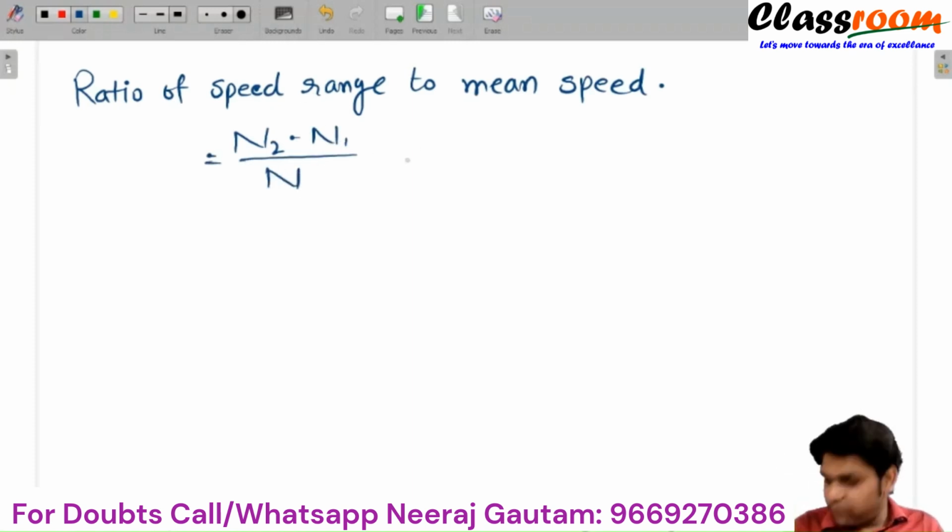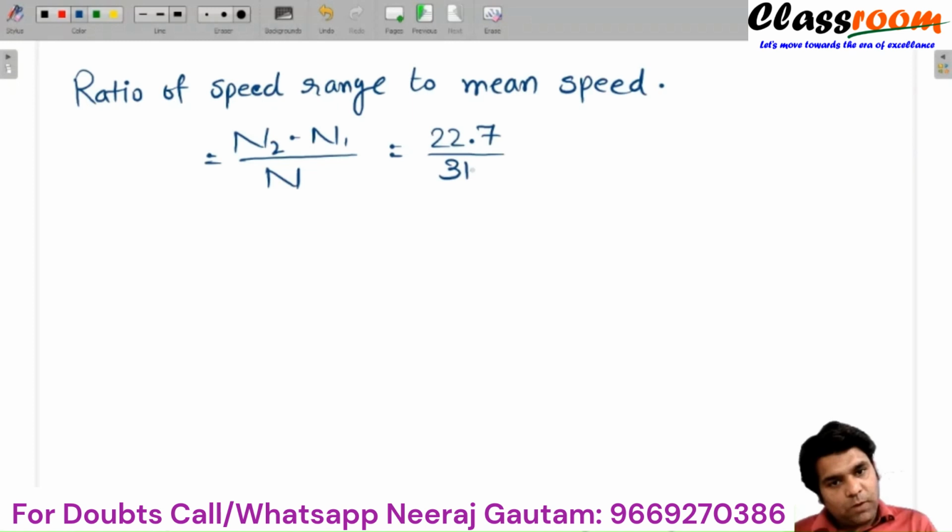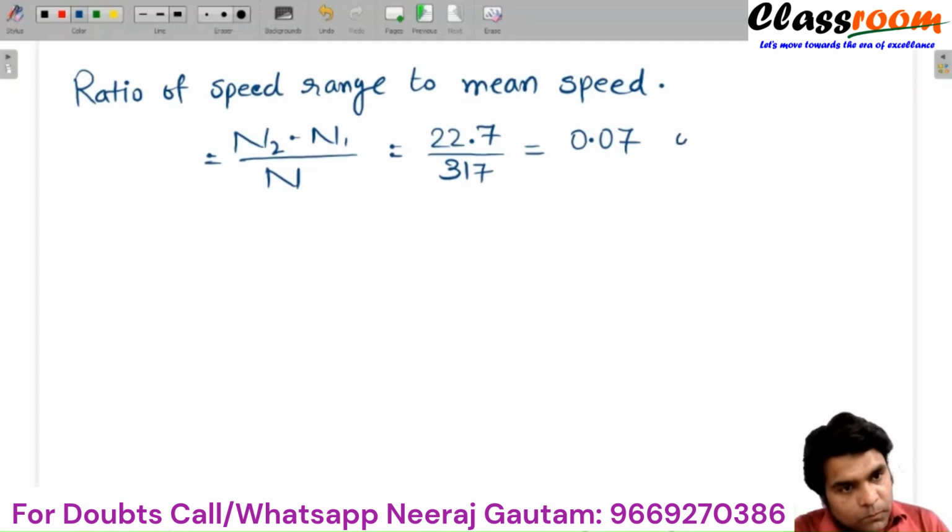Mean speed is around 317 RPM. This is 22.7 by 317, equals 0.07. It is basically 7%.